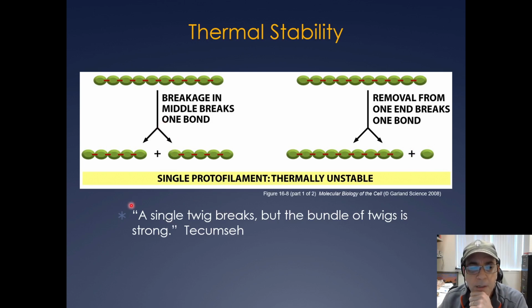And I like to give you guys this quote. This was from Tecumseh, talking about how all of the Native American tribes, if they joined together, would be much stronger. He used this example where a single twig breaks, but a bundle of twigs is much stronger. He was trying to use that as an example of how all the Native American tribes should come together.